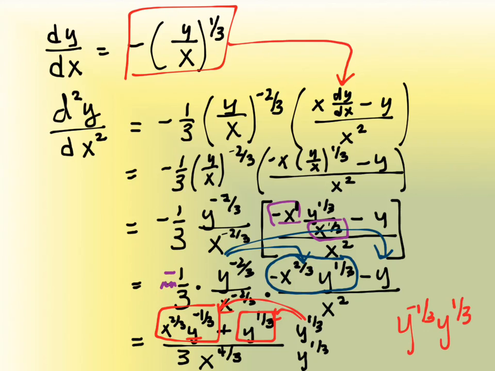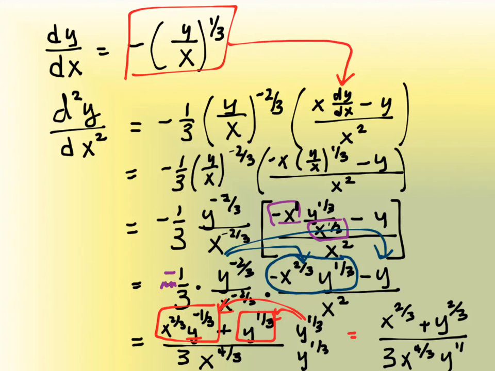And in doing so, like you guys said, I get x to the 2/3 times 1. And then I have y to the 1/3 times y to the 1/3, which is y to the 2/3. And then in my denominator, I have 3x to the 4/3, y to the 1/3.